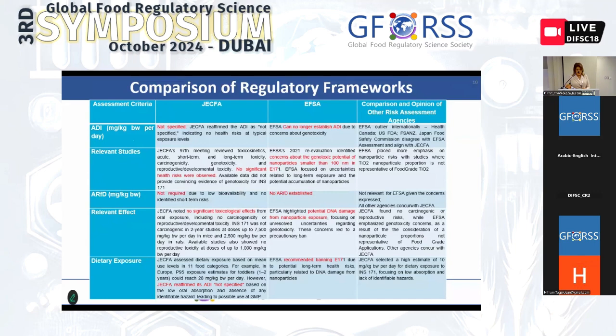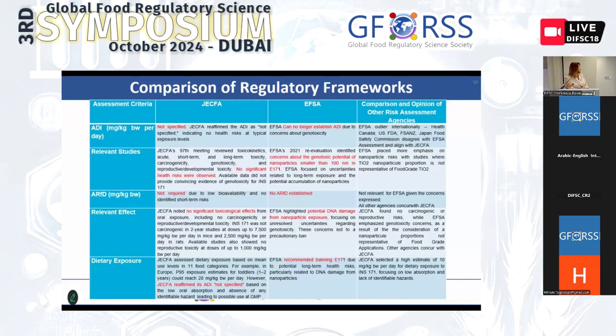Here is a comparison between the EFSA and the JECFA approach. There is a clear divergence in how different regulatory bodies manage titanium dioxide. JECFA and EFSA have taken notably different approaches. Internationally, Canada, the US FDA, the Australia New Zealand Food Safety agency, and the Japan Food Safety Commission disagree with the EFSA assessment, in line with JECFA.